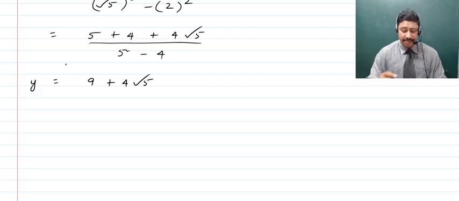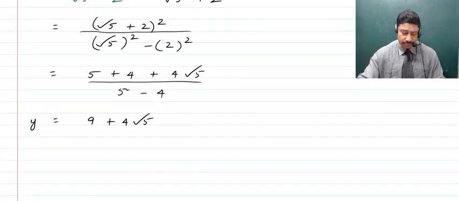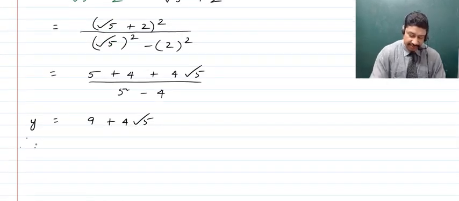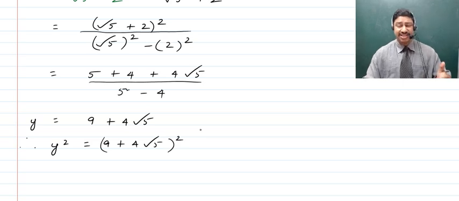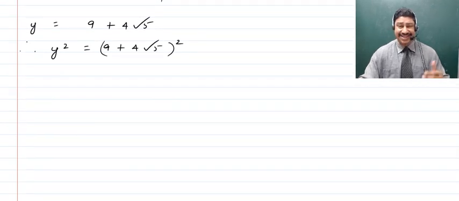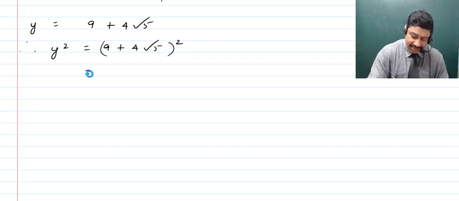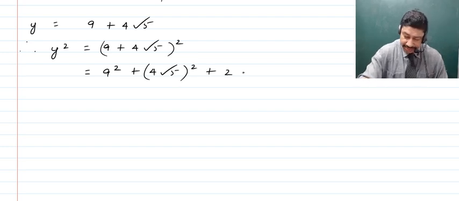Now remember children, we also require the value of y square. So the value of y square is going to be equal to 9 plus 4 root 5 whole square. That is the last value of y that we found out. We just have to square it, and here too we are going to apply the formula of a plus b whole square, which is a square plus b square plus 2ab. As such, this is going to become 9 square plus 4 root 5 square plus 2 times 9 times 4 root 5.